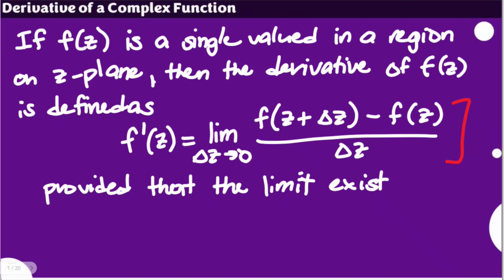Take note, we are also using the same notation for a derivative here, and we are using here delta z, which means it's a small change in the complex variable z. Now some references would like to use other variables to make it easier, like h, as h approaches 0.